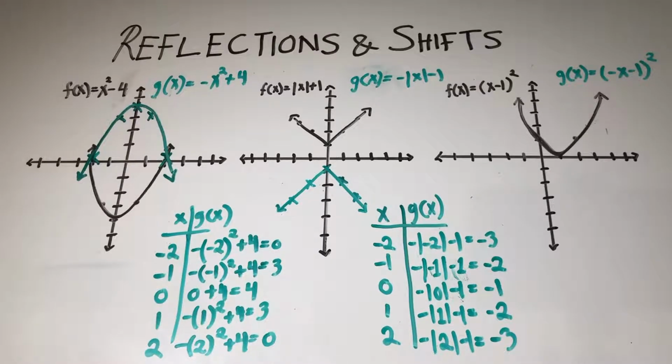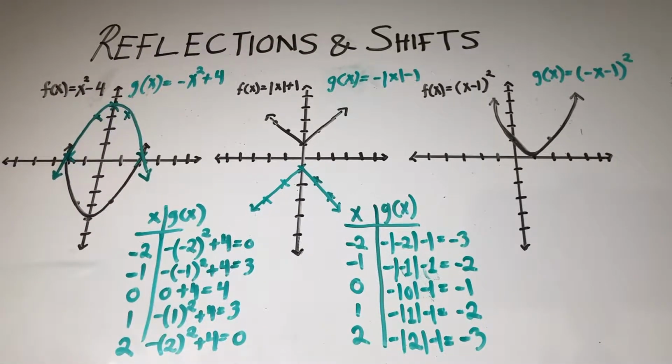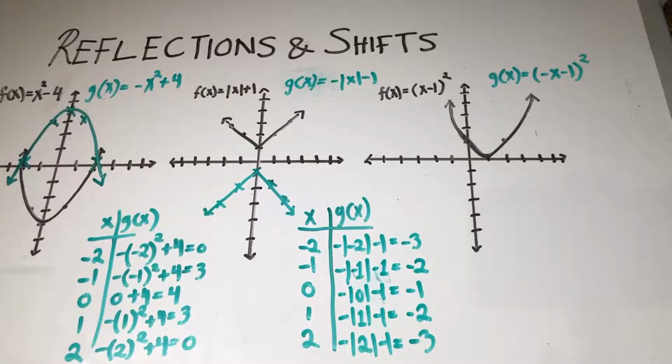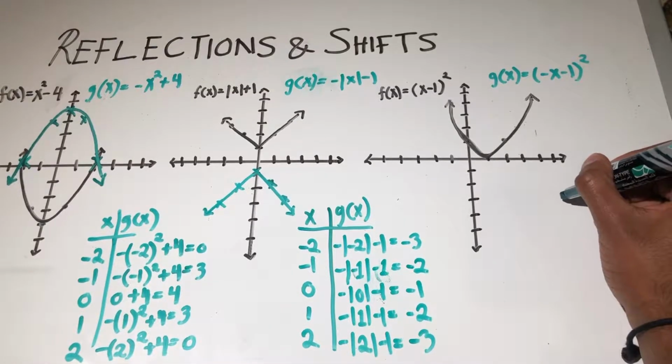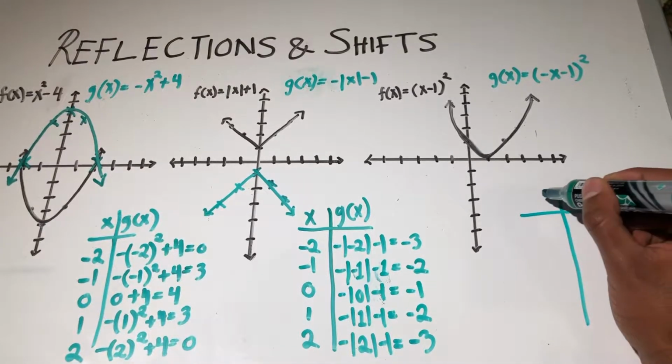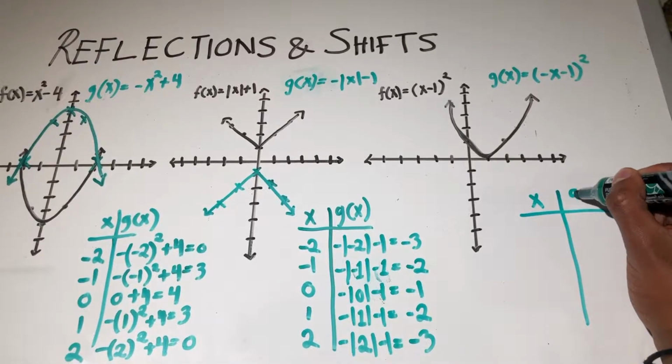For our last problem, let's see if I can move the board a little bit to the left. Okay, that's better. So we have our table of values. We have x and g of x.